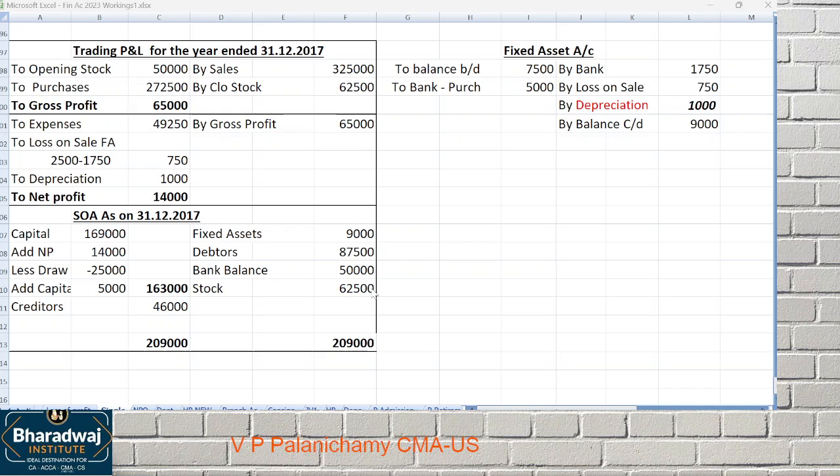Question number 5. Go through the data completely. Okay. We are expected to prepare a P&L account and a balance sheet.